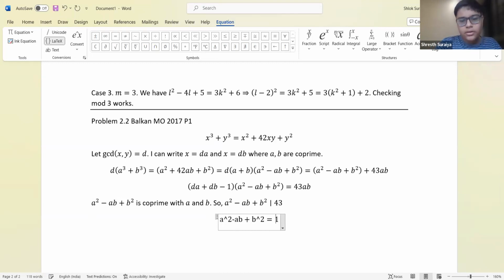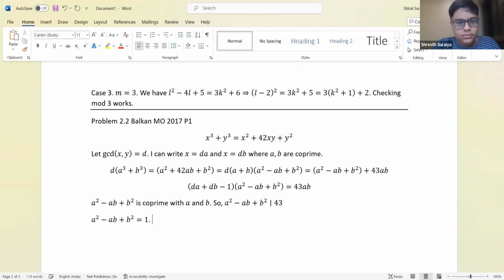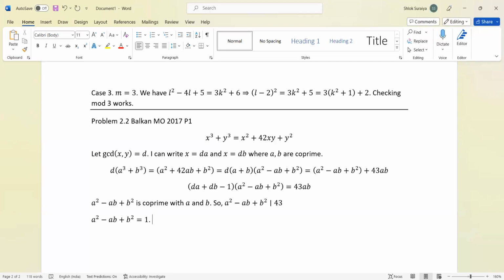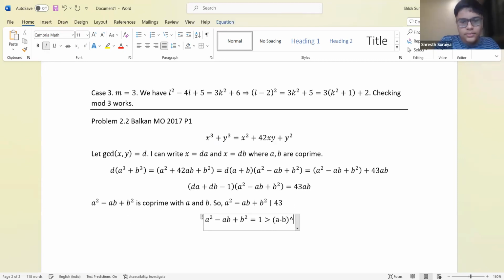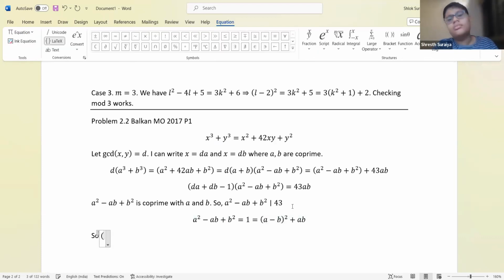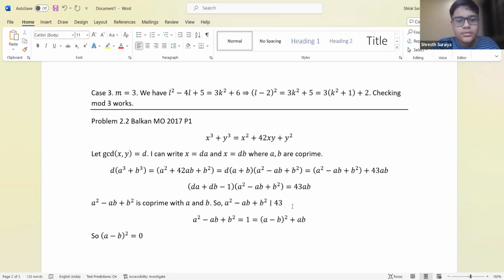Now, how will you solve a square minus ab plus b square equal to 1? You can write it as (a minus b) whole squared plus ab equals 1. So ab is at least 1, which forces (a minus b) whole squared to equal 0.